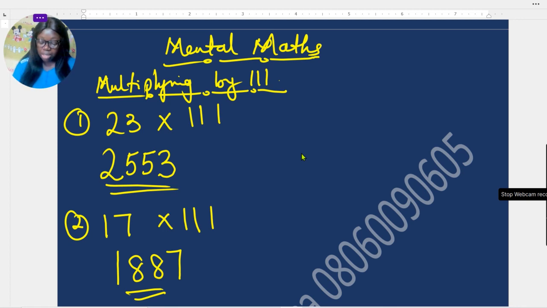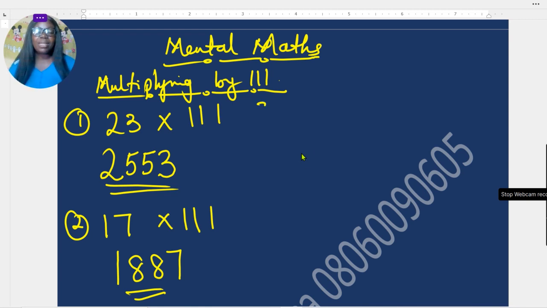This is because we are multiplying by 111. If you're multiplying by only 11, you will only add and write it down once. Now that we are multiplying by 111, we are writing down the answer twice. I hope it is very clear. It is interesting, right?